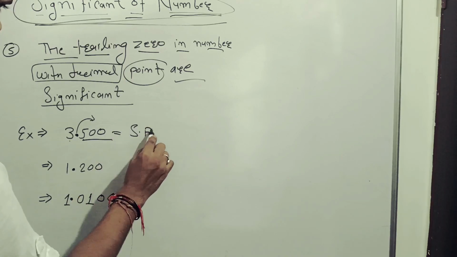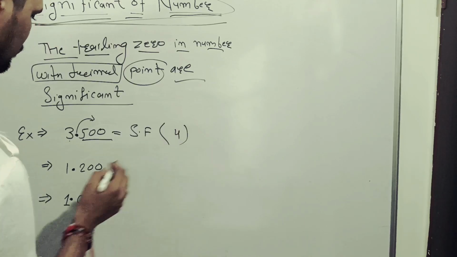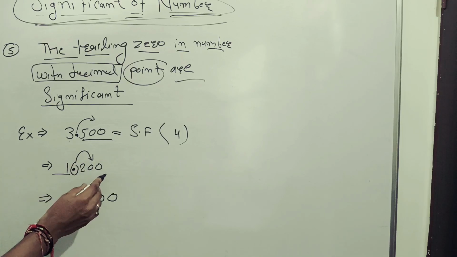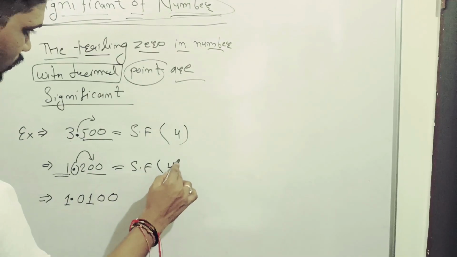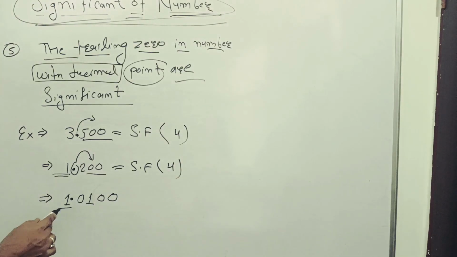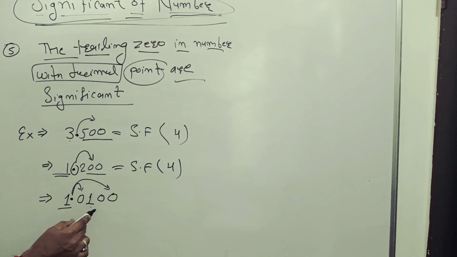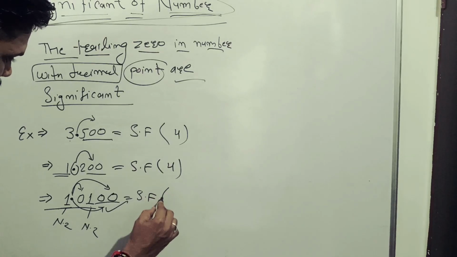The significant figures are 4. 1.200: after the decimal point the zeros are considered, the significant figures are 4. 1.0100: after the point the trailing zero is also considered, and the zero between the non-zeros is also considered for the significant figures. That is 5 significant figures.